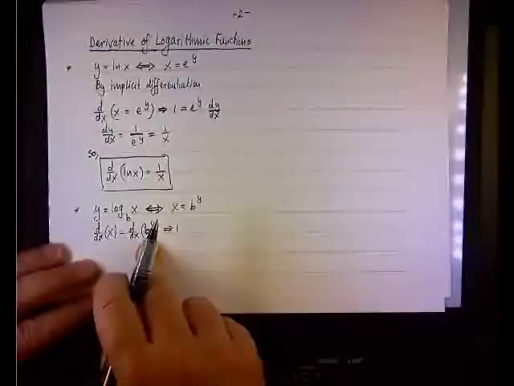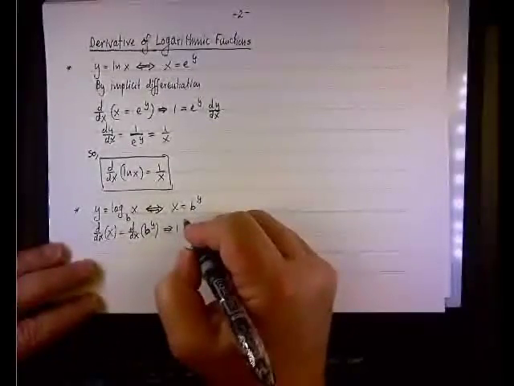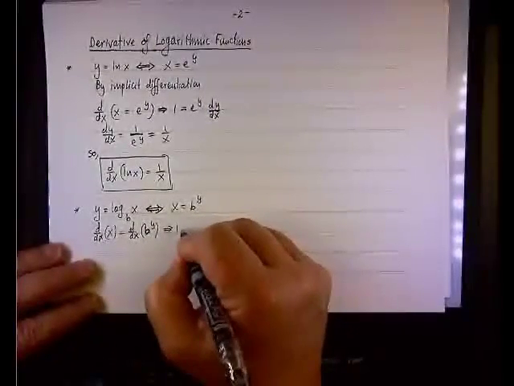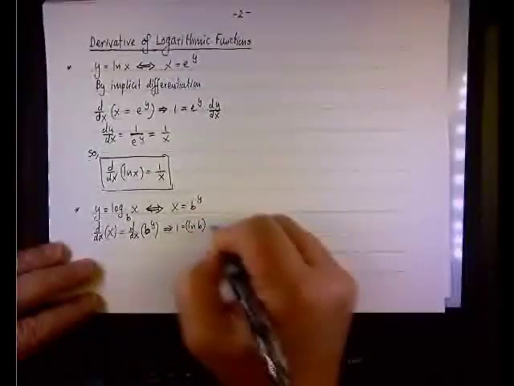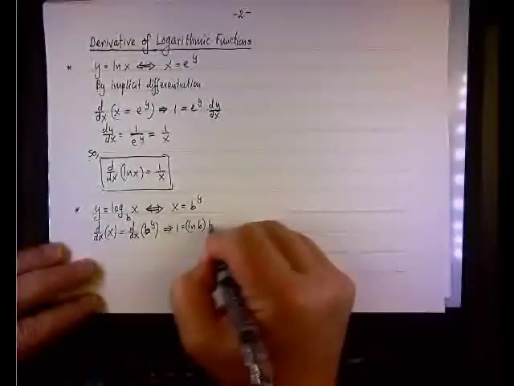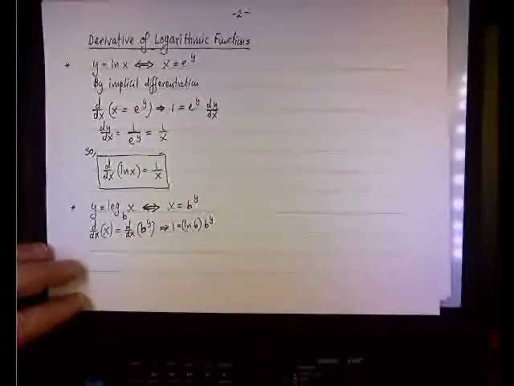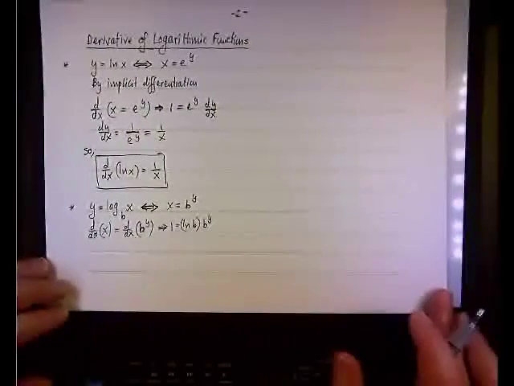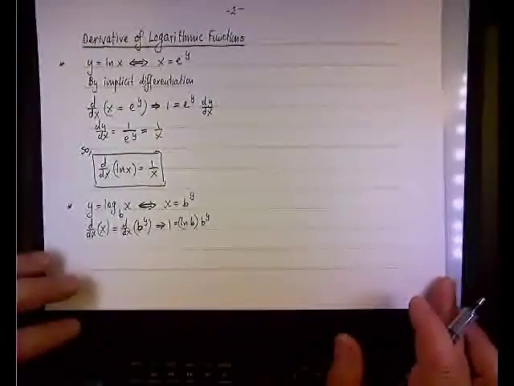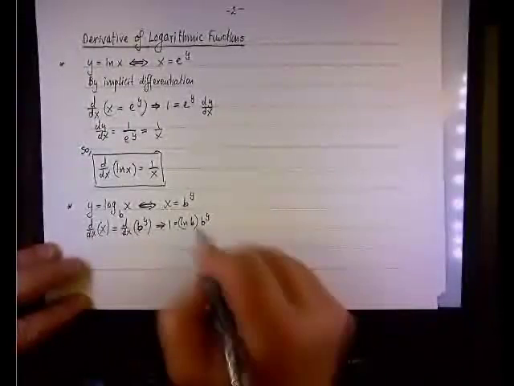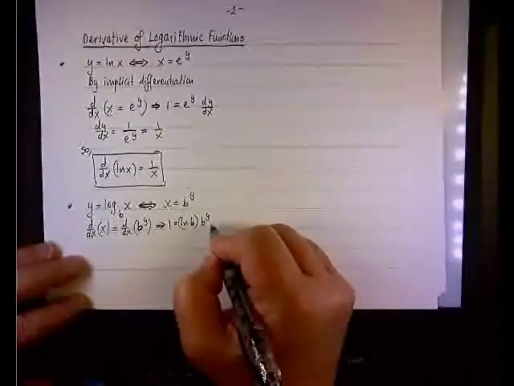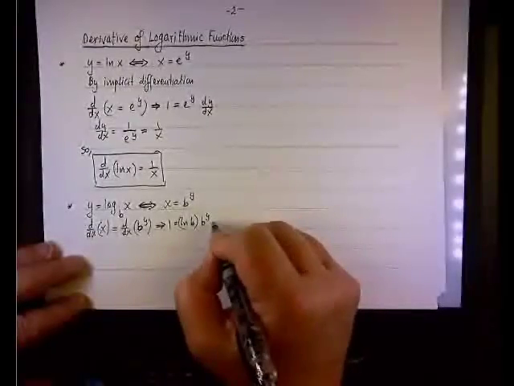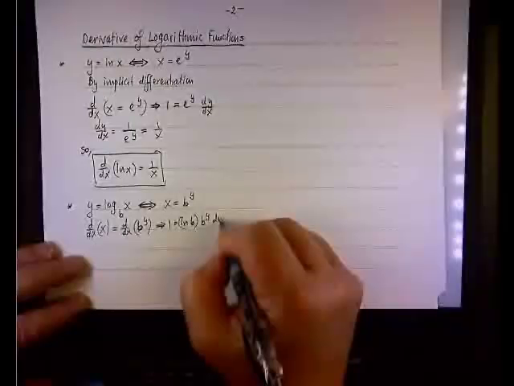Remember the derivative of b to the power of y? It's the natural log of b times b to the power of y, if you do the chain rule. We did it when we learned the chain rule. And then we need to take the derivative with respect to x, so it will be times dy dx.